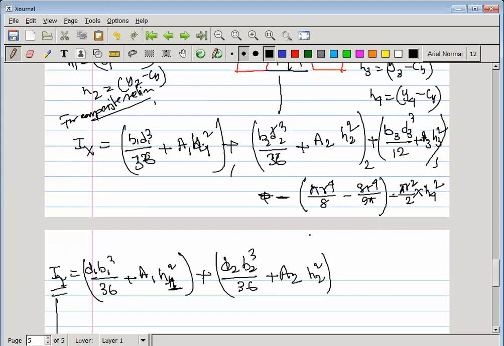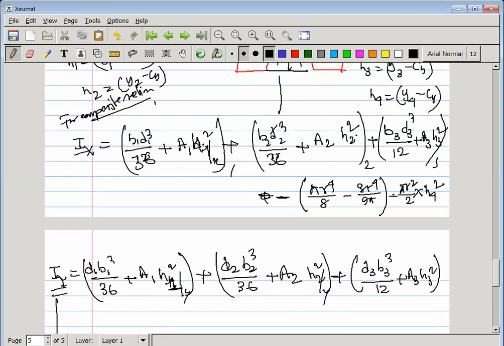So let's write this equation. If we put that value, d3b3³/12 plus a3h3². Don't confuse this h1 with that h1. This h1 is for when we consider Ix, and this one is for Iy. In such a manner you can differentiate.